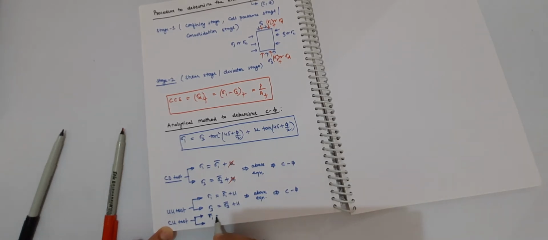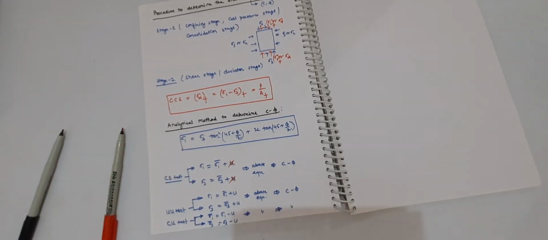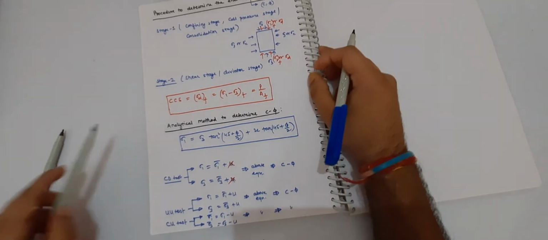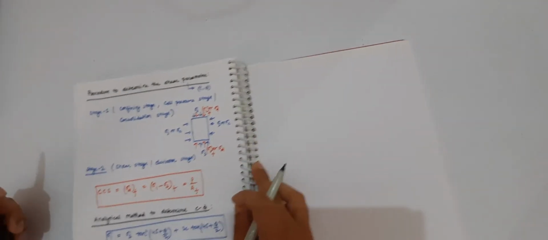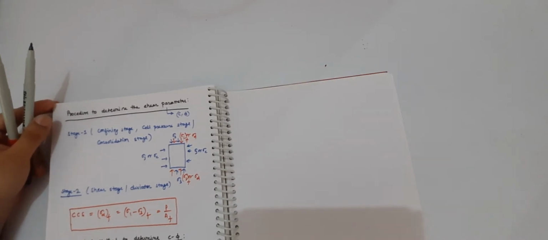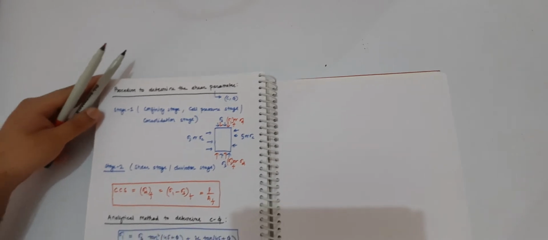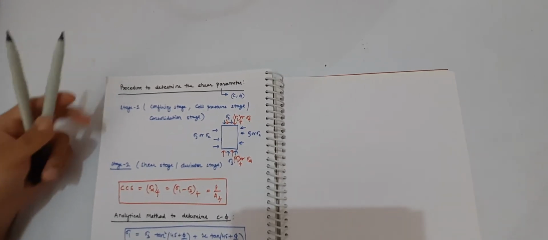So effective stress will be total stress minus pore water pressure, right? On applying this value in the above equation, we'll get C and phi values. These are the analytical methods to determine the C and phi parameters using the triaxial test.